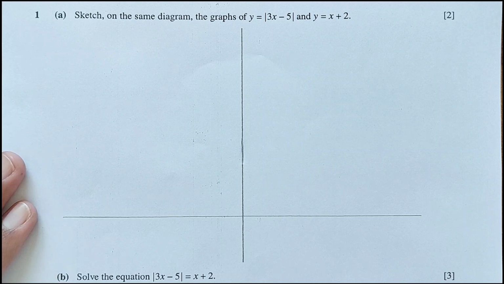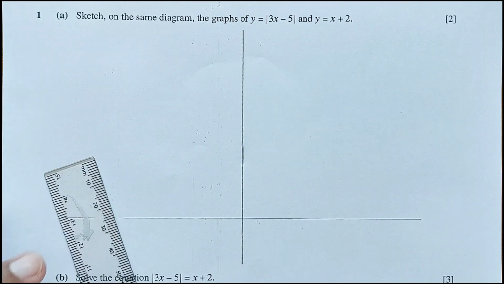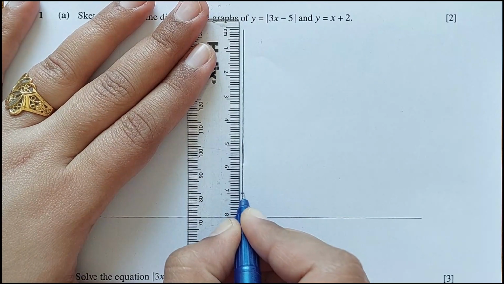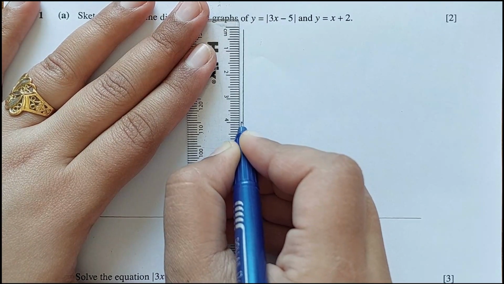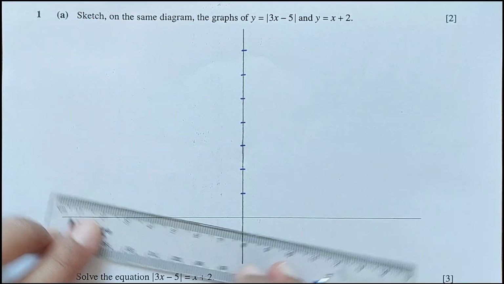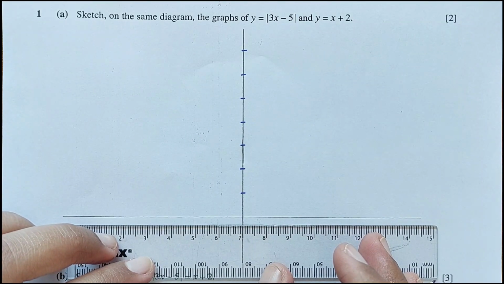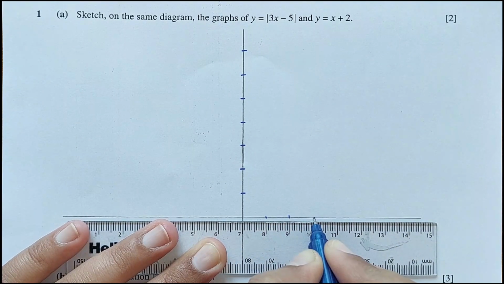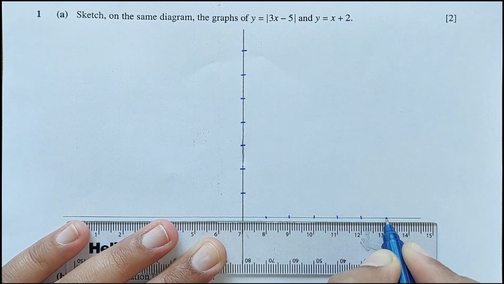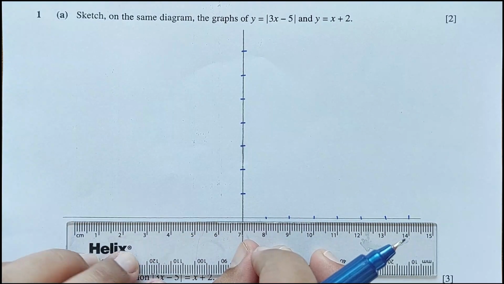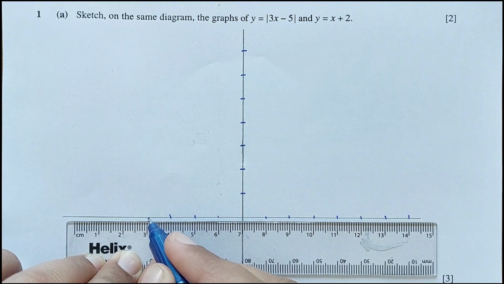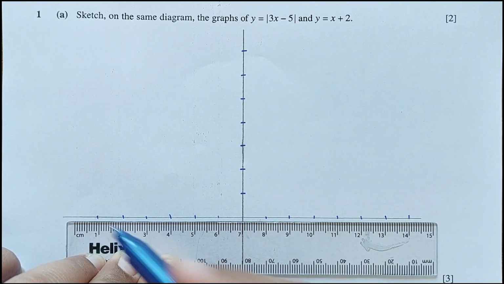Okay, now let me select the scale in terms of centimeters. For y, 1, 2, 3, 4, 5, 6, 7. For x, 1, 2, 3, 4, 5, 6, 7, and minus 1, minus 2, minus 3, minus 4, minus 5, and minus 6.